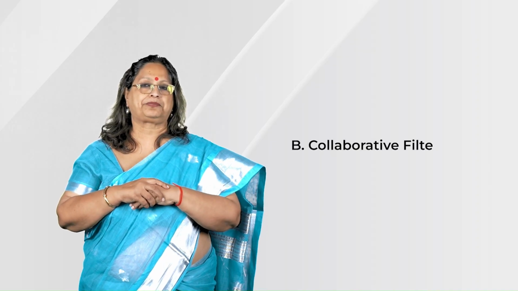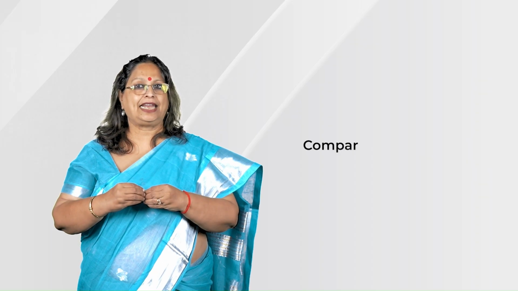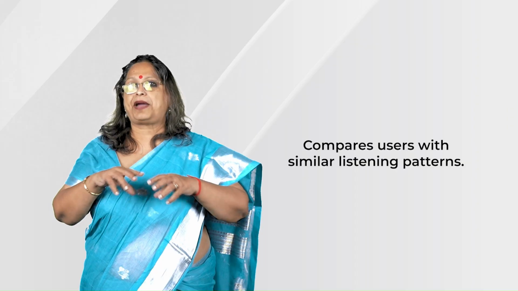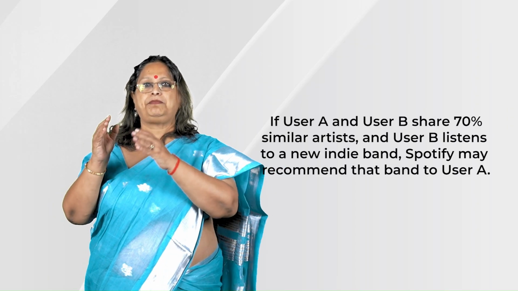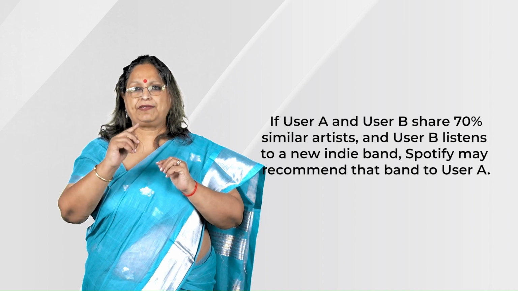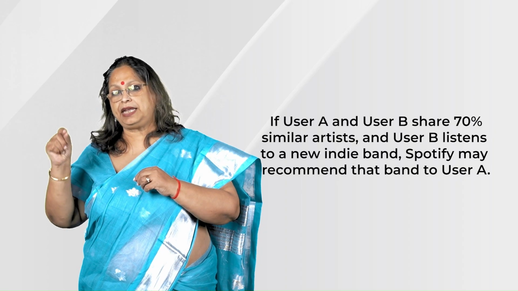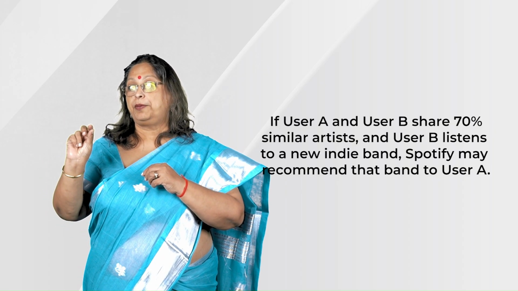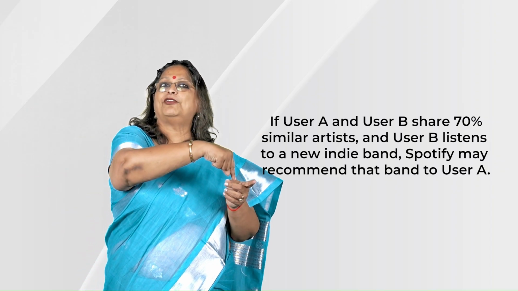The second one is collaborative filtering. What is collaborative filtering? This technique compares users with similar listening patterns. If user A and user B share 70% similar artists and user B listens to a new indie band, Spotify may immediately recommend that band to user A also.